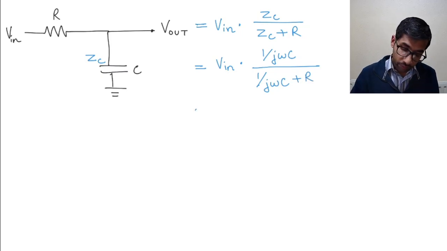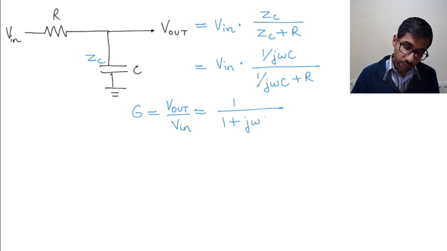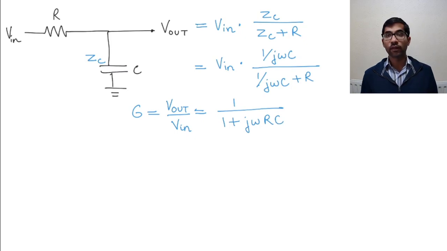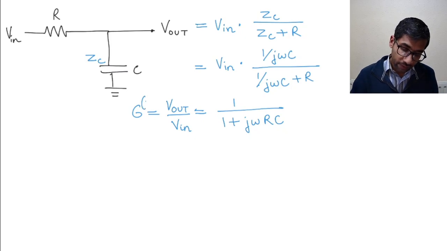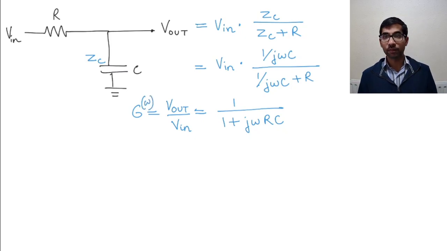And therefore, what you get is, let's say, gain equal to V out over V in becomes 1 over 1 plus j omega RC. Gain is basically the output divided by the input, and of course this gain is a function of omega. As frequency changes, the gain of the circuit changes.